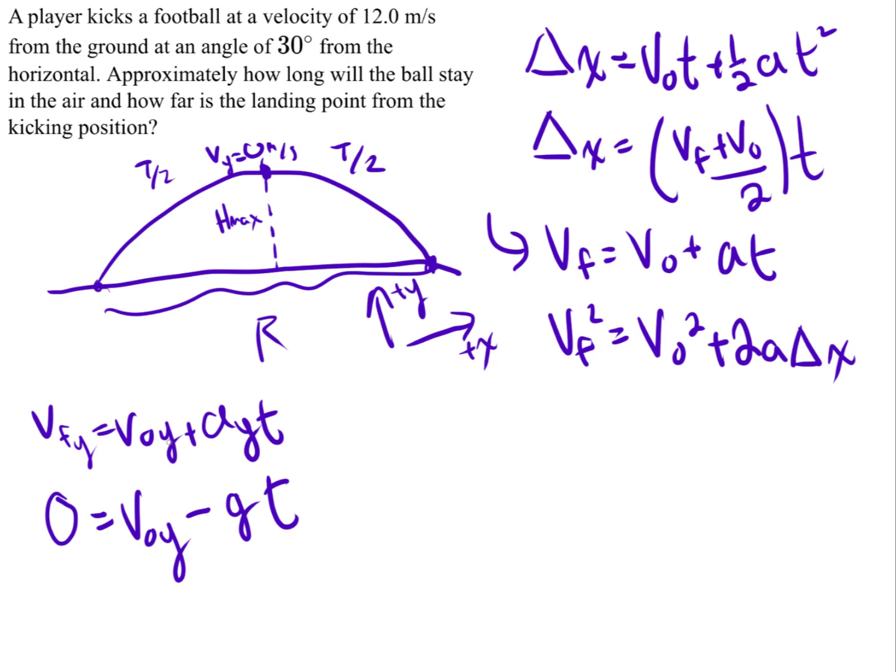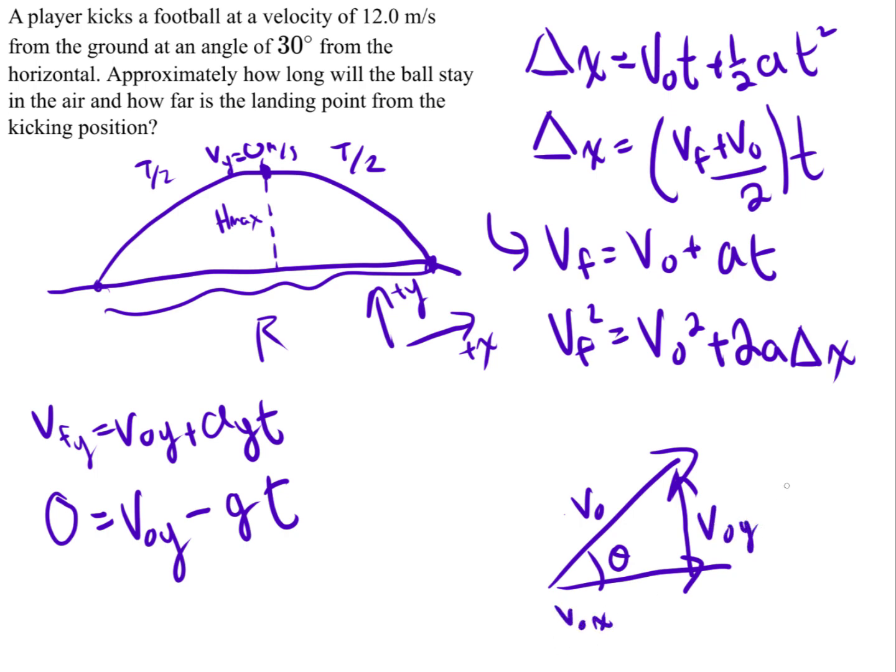Okay, and now we just need to solve for the time t, but we don't know what the initial velocity in the y direction is yet. So if I draw this arrow as the initial velocity, where this is the launch angle theta, you can decompose this initial velocity into 2 component vectors, which are the horizontal initial velocity and the vertical initial velocity. So Vox, horizontal initial velocity, and Voy, the vertical initial velocity.